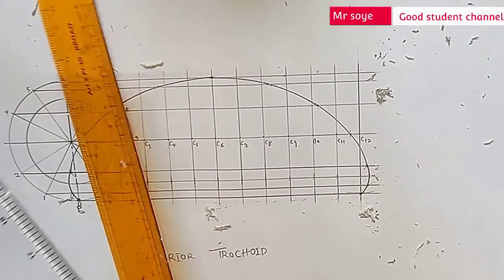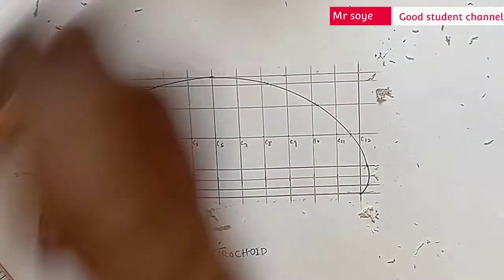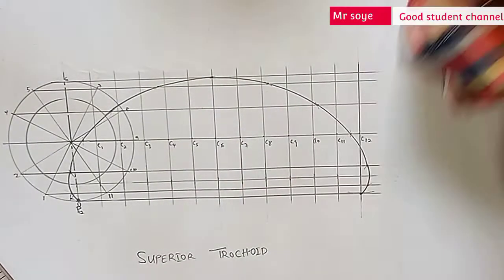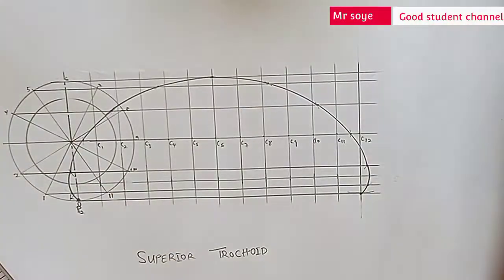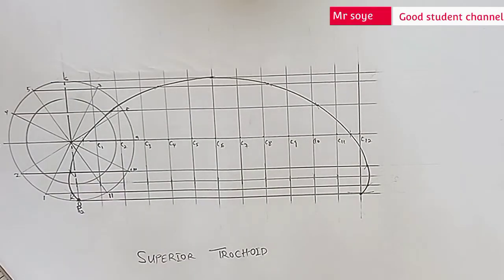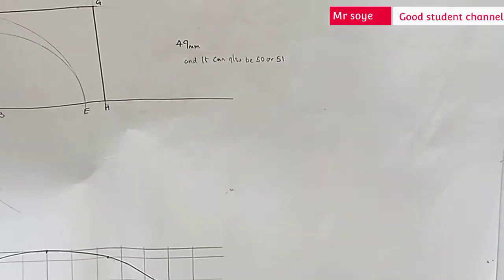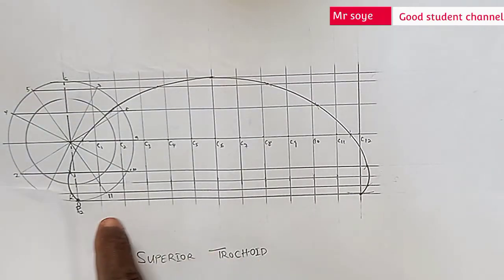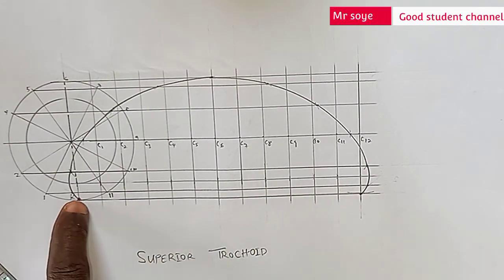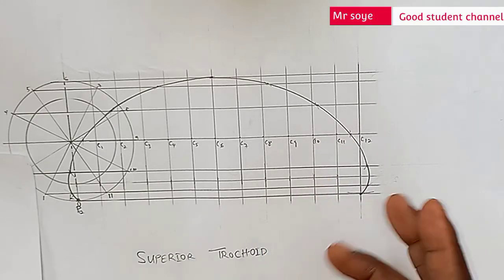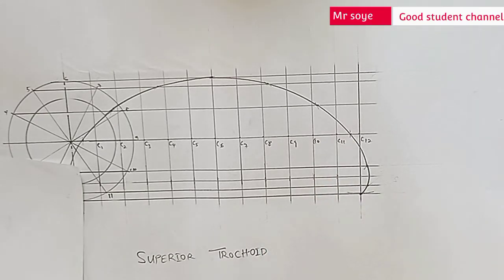Then use your duster to dust it. And here is the work, the solution to question 3 from WAEC, the superior trochoid. And from this line to this line is the circumference of the rolling cycle. And that is all. Thank you.